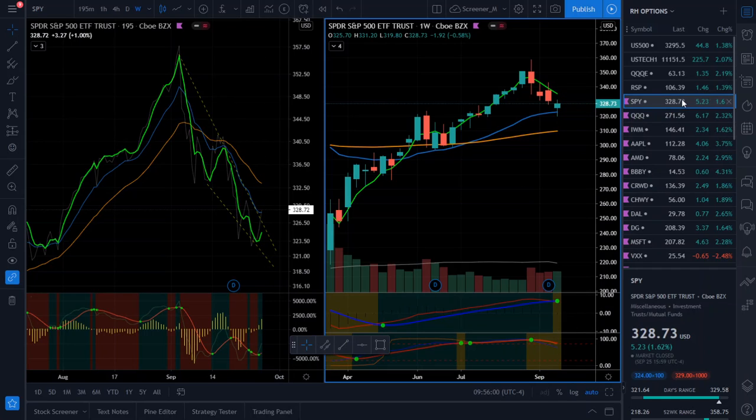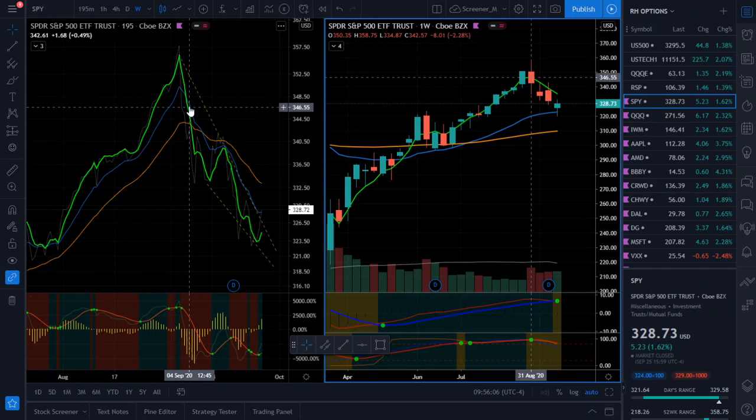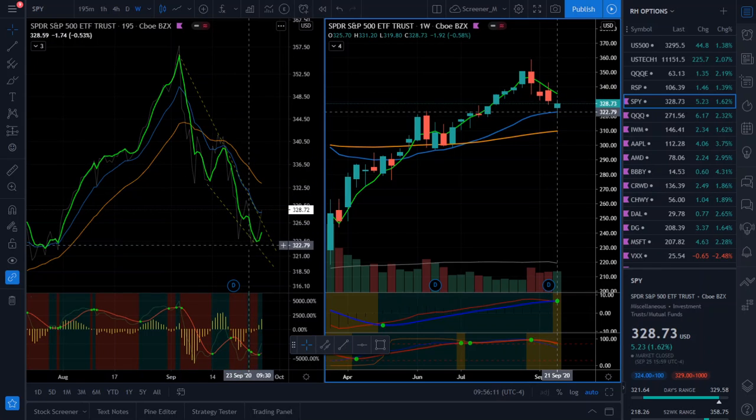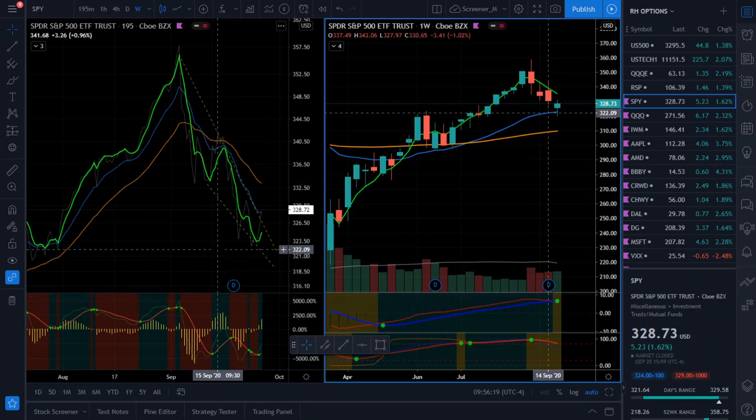So looking at SPY right now, there's a little bit of chop going on down here, but the chop is kind of hidden in the background. You can see the white line that moves up and down in here. This is the actual price movement.